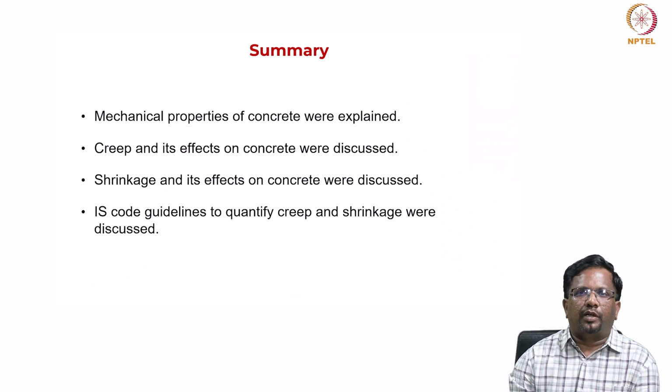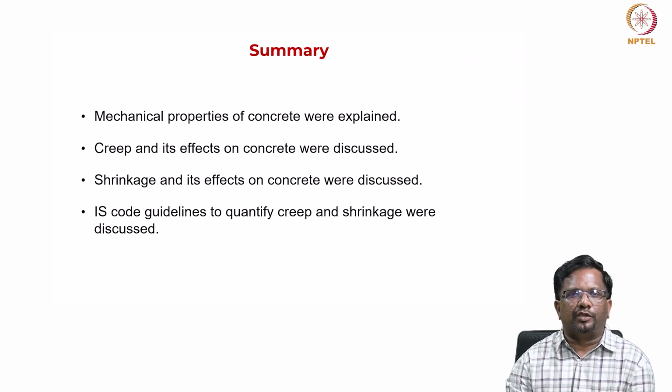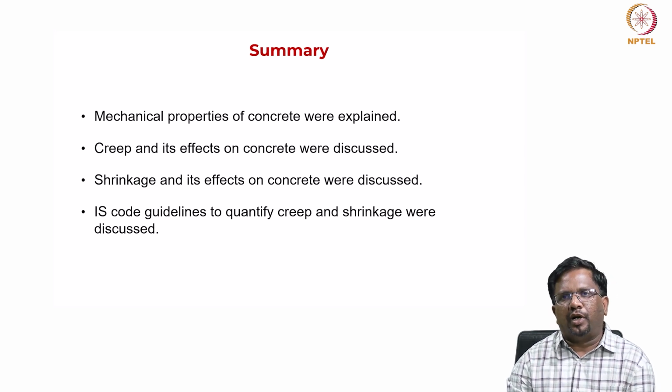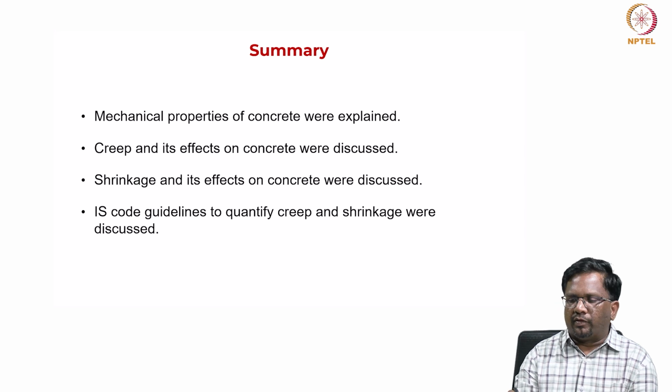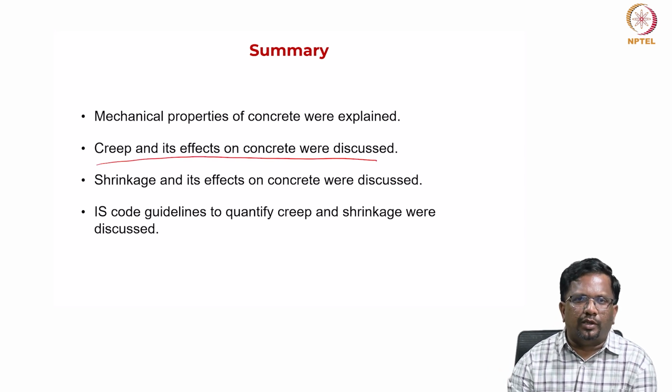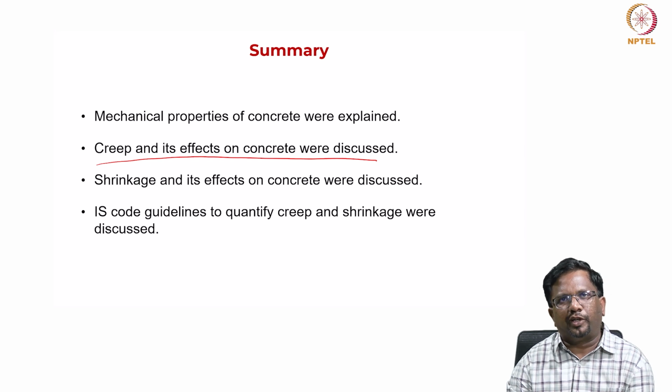Right. So, with that let us summarize what we have discussed in this part of the module. We have spent quite a bit of time on understanding the stress strain curve behavior of concrete, what are the various design stress strain curves that are proposed by IS 456 and IRC 112. We spent a lot of time on creep and its effect on concrete and how the IRC and IS codes account for the creep effects.